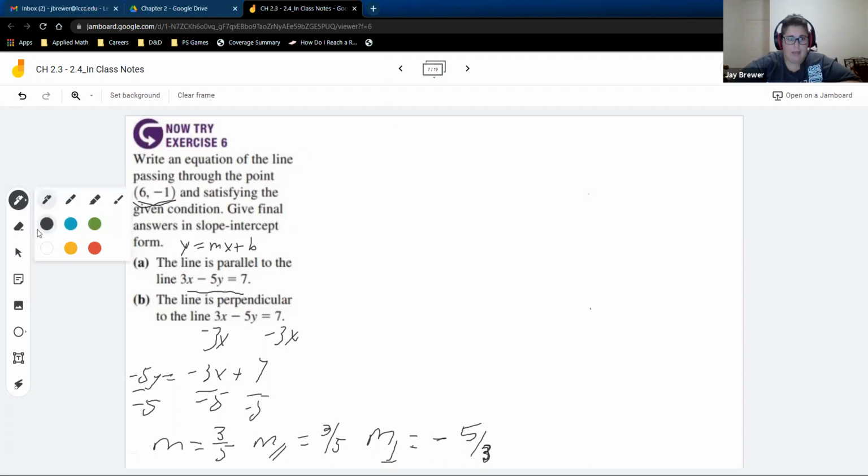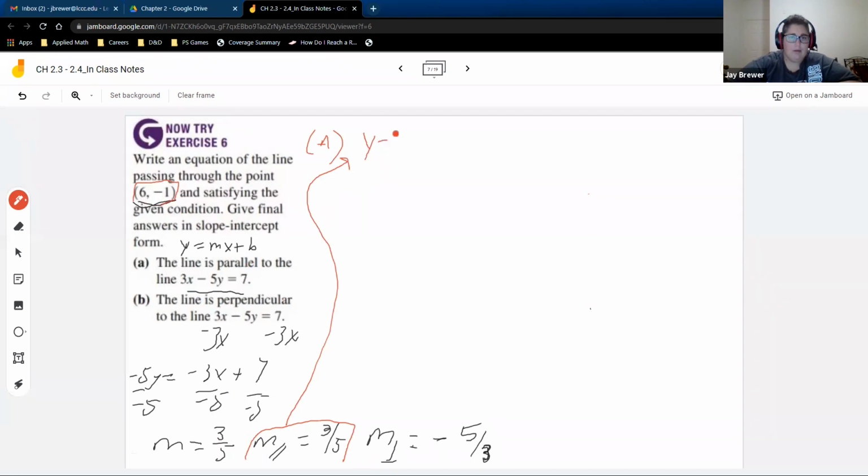Okay, right now we do not have the y-intercept, so we have to use the point slope form. So for A, we want to use the parallel slope. And then we want to use this point that we were given. So we will have y minus y1 equals slope parallel x minus x1.